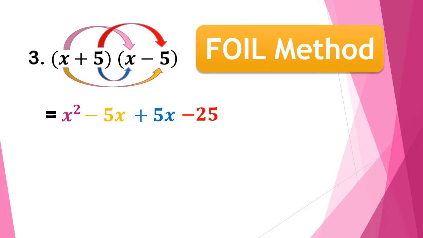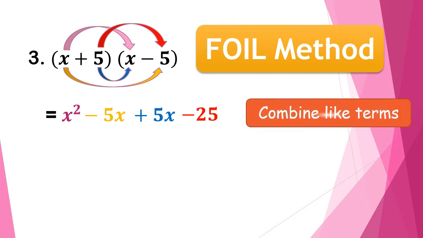After we expand the given problem, what we are going to do next is combine like terms. When we say combine like terms, ano nga bang ibig sabihin nun? Pagsasamahin natin ang dalawang variable na magkaparehas at magkaparehas ang exponent. In this case, ang magkaparehas natin na variable at exponent ay ang negative 5x and 5x.